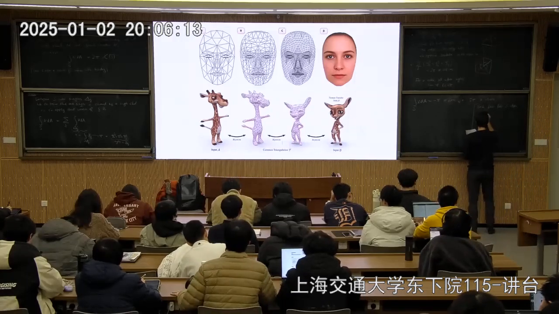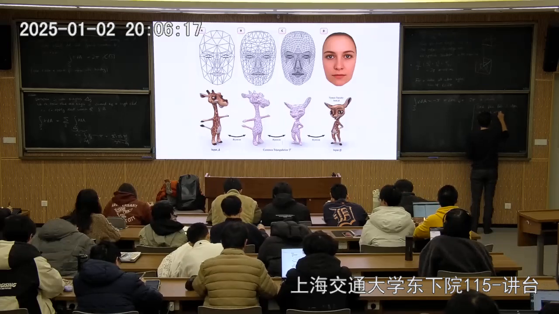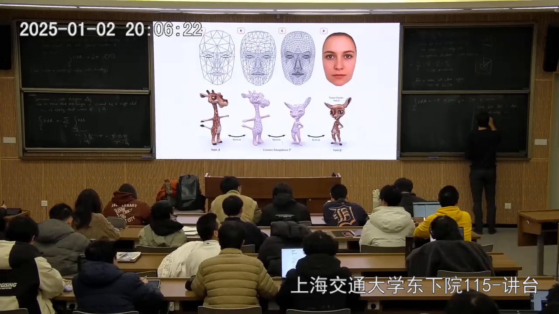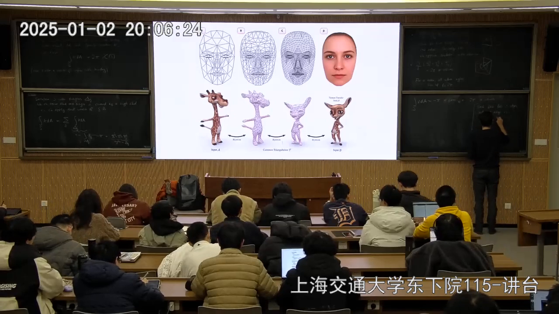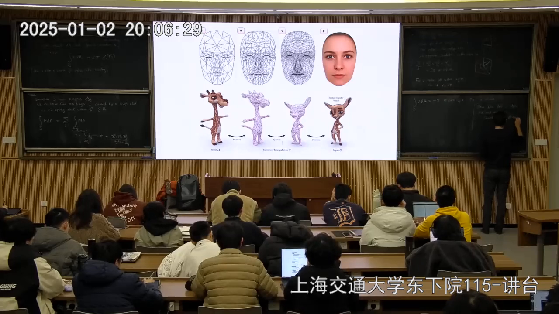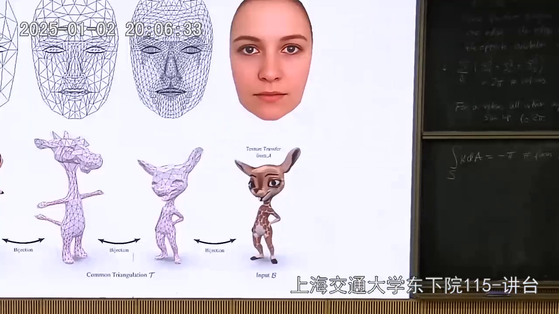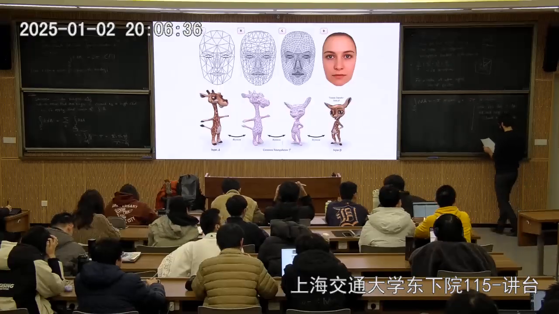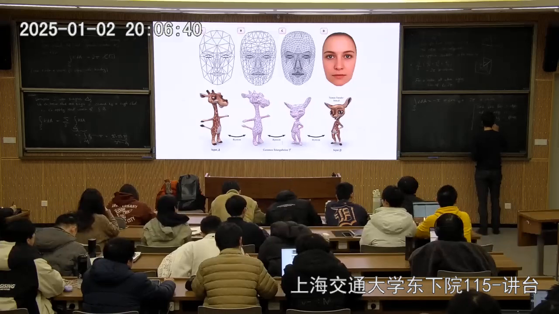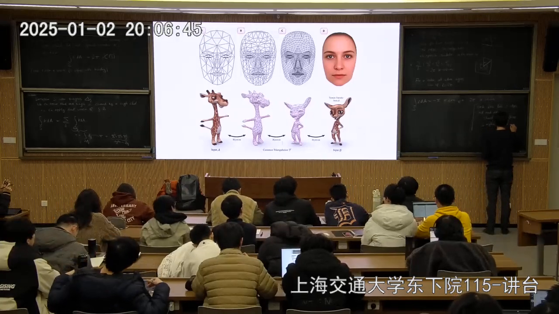And each edge is shared by 2 faces. So if you have an edge, then you have a face on the right and a face on the left. So in formulas that means that 3 times the number of faces equals 2 times the number of edges.